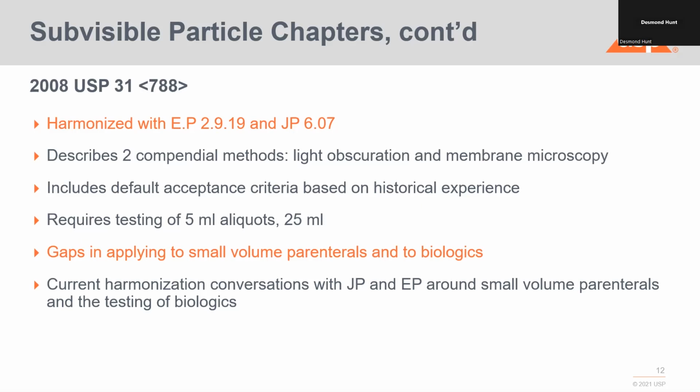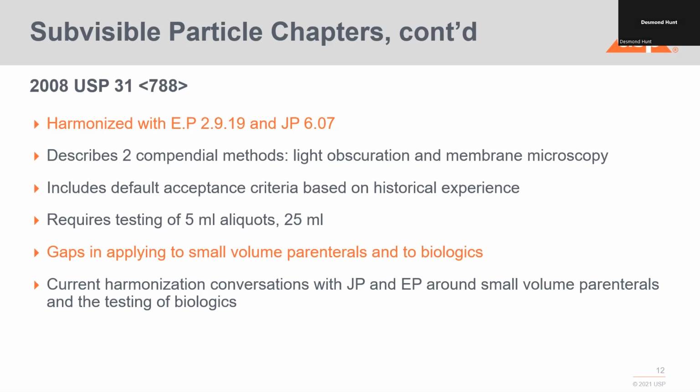And so this has opened up the discussion with the Pharmacopeia discussion group to look at revising the chapter to figure out if there are ways in which we could address this gap for small volume parenterals and biologics. Again, the ability to use smaller sample volumes and additional sample preps, so that you don't lead to the development of more particles when you're hoping to get less.